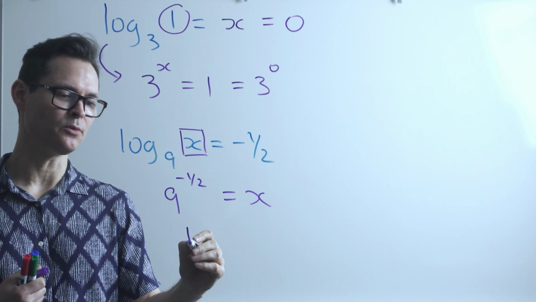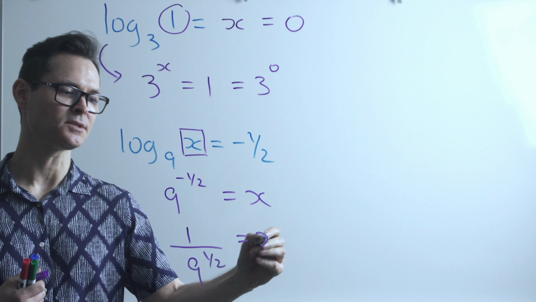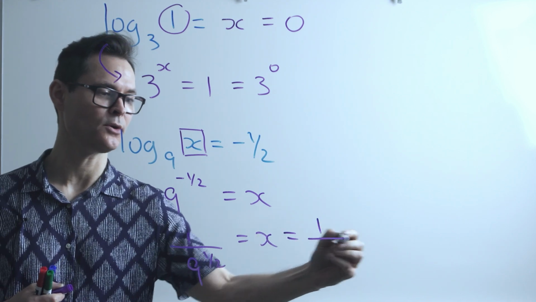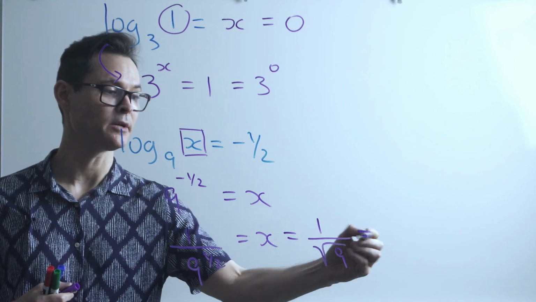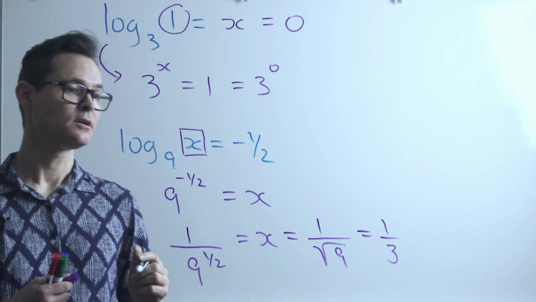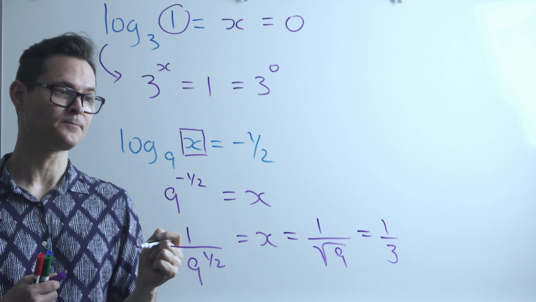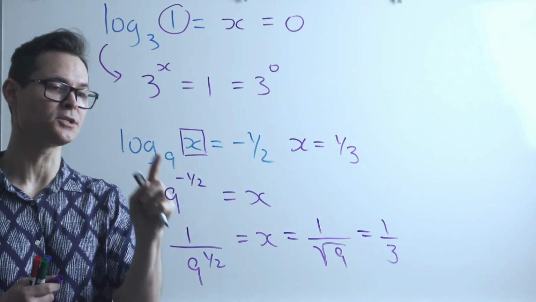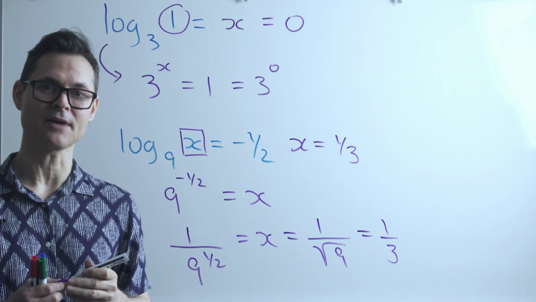So what I'm going to do is move it downstairs and write it as 1 over 9 to the half equals x. Well, 9 to the half is the same as the square root of 9, and the square root of 9 is 3. So the argument would be 1 over 3. So x would be 1 over 3. In other words, the log of 1 over 3 base 9 is equal to negative a half.